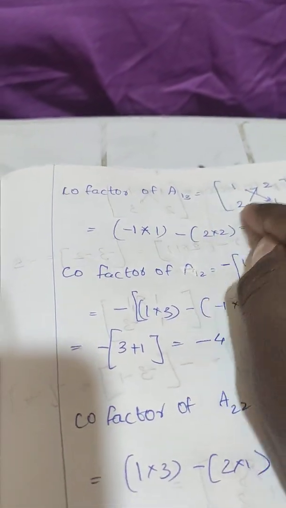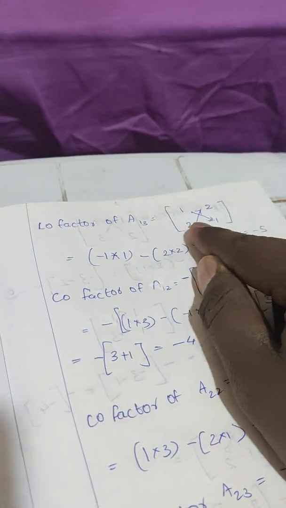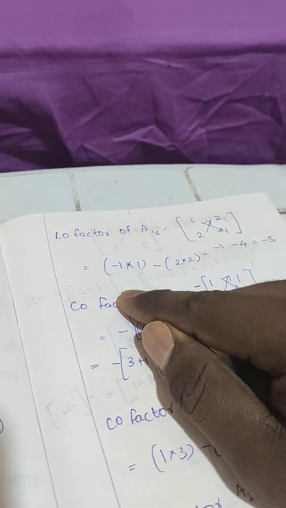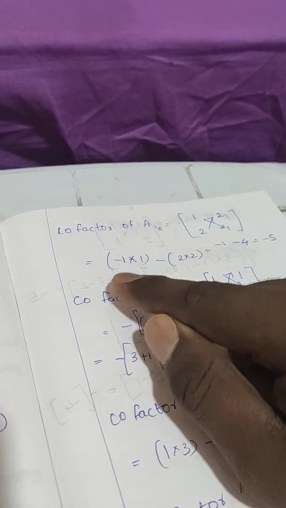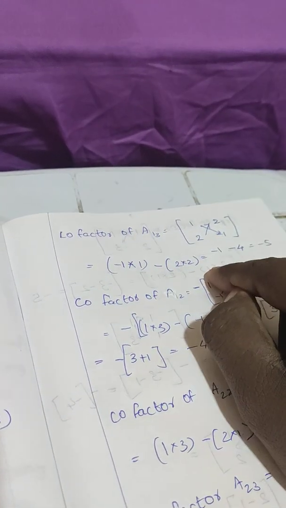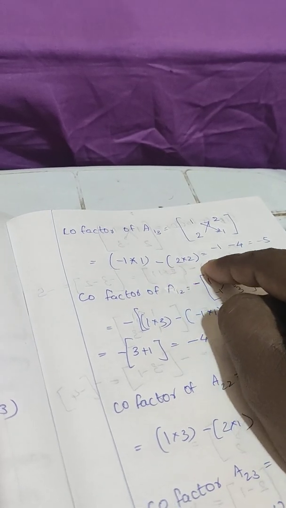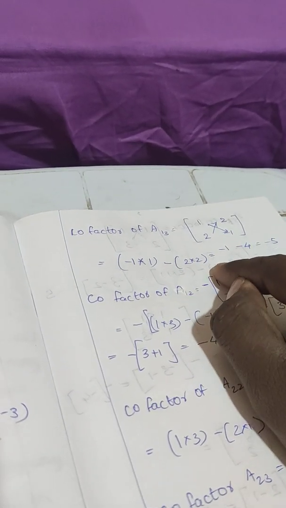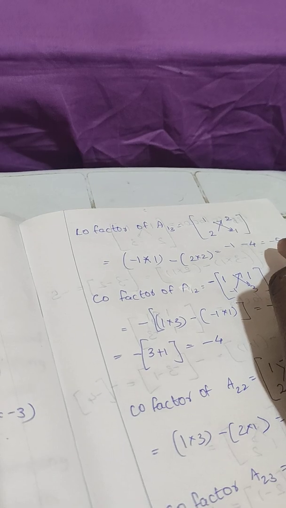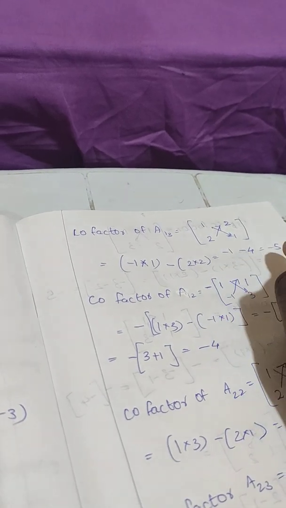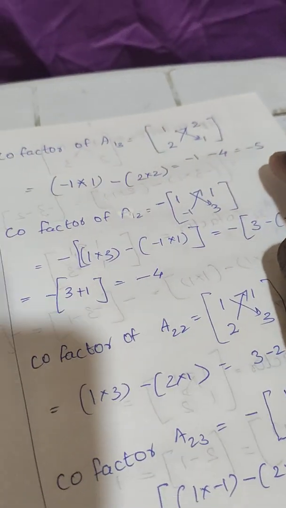Here I cross multiply in the opposite direction: 1 into minus 1 is minus 1, and 2 into 2 is 4. Minus of 2 into 2 is minus 4. So minus 1 minus 4 is minus 5. So the cofactor of this is minus 5.